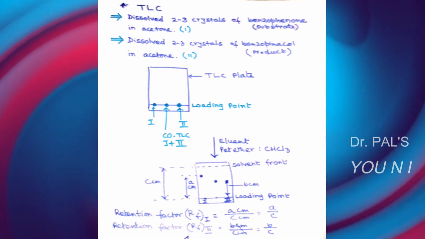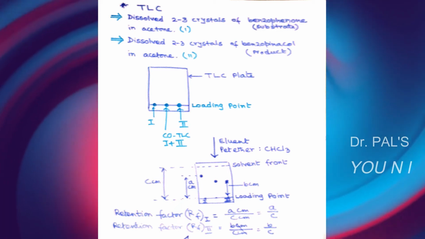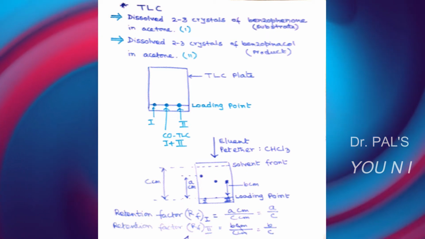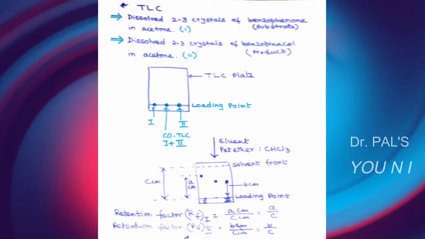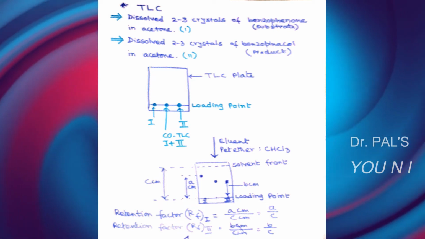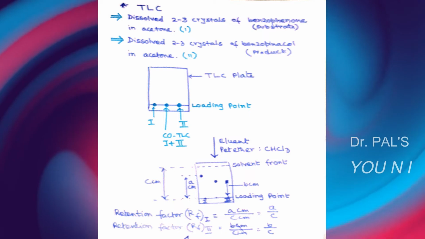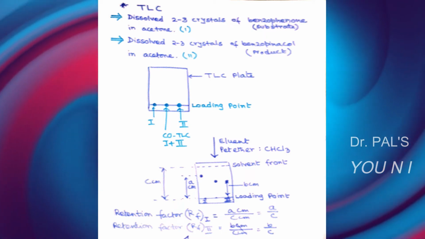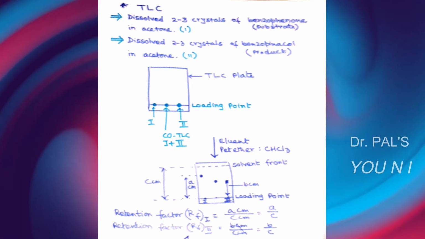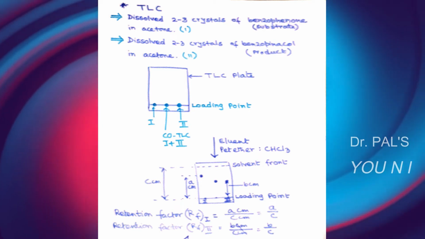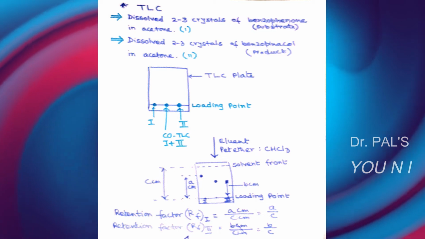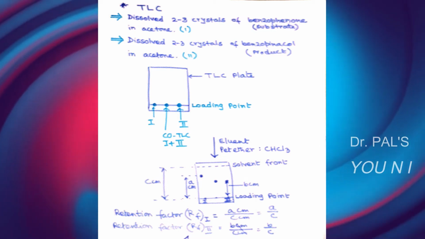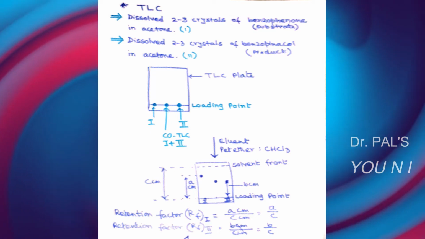So in this picture, when we are calculating the Rf value of benzophenone, it is A centimeter by C centimeter, meaning A by C. When we are calculating the retention factor of the product, it is B centimeter by C centimeter, meaning B by C. Now after calculating, because A is greater than B, the Rf value of 1 will be greater than the Rf value of 2.